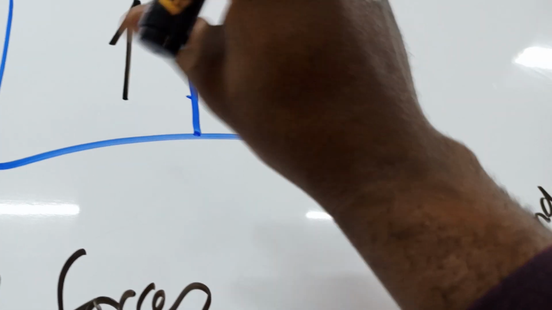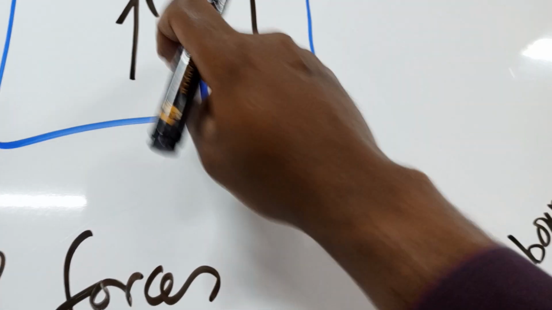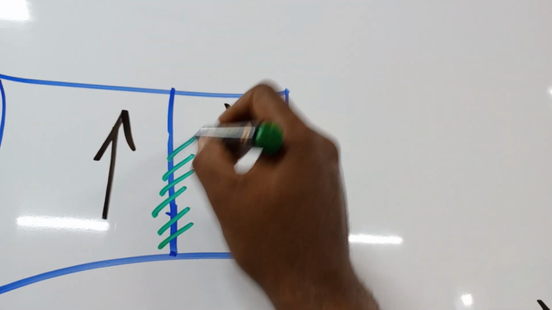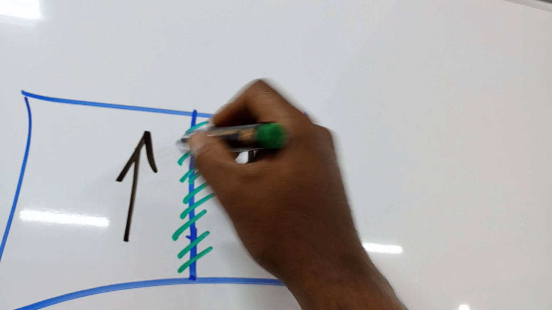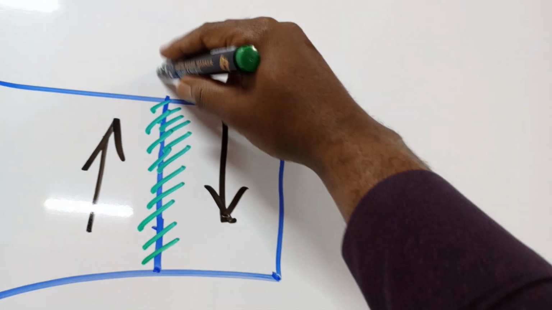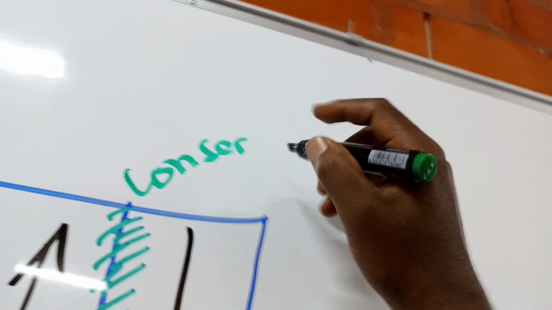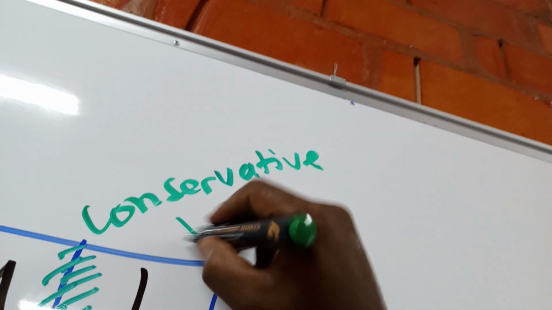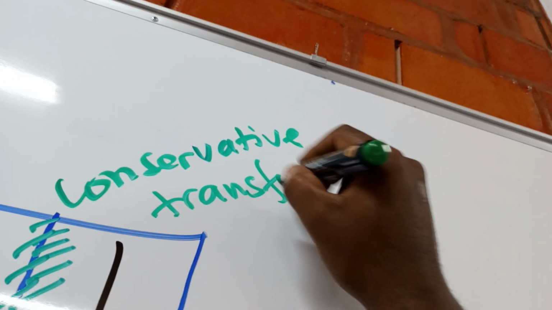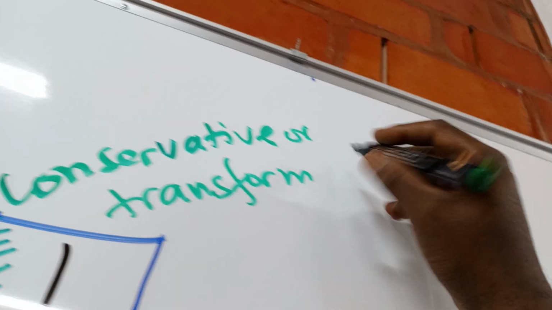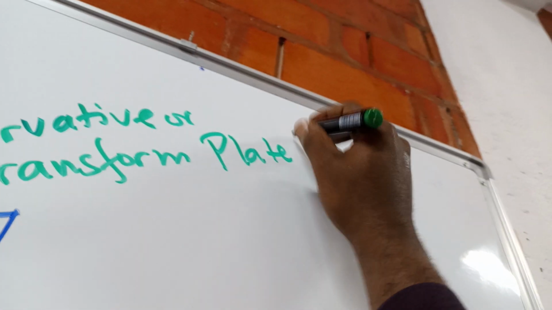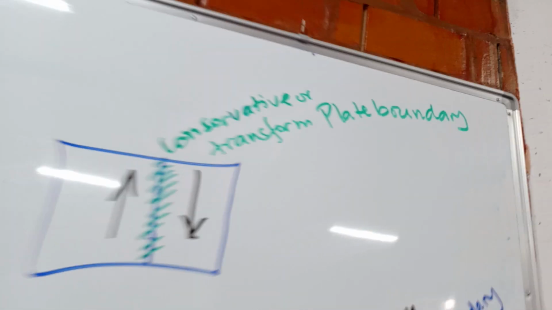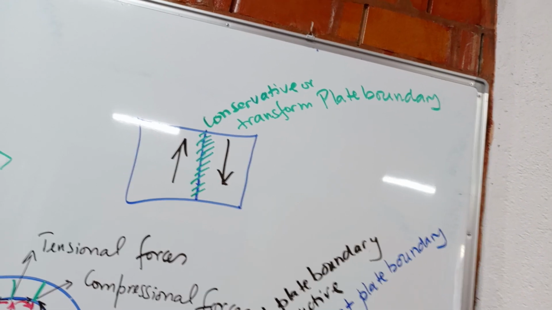They are not colliding, they are not diverging, but one is moving side by side. This plate boundary is called conservative or transform plate boundary. So that's how it looks like.